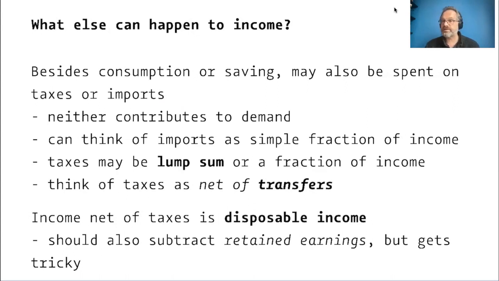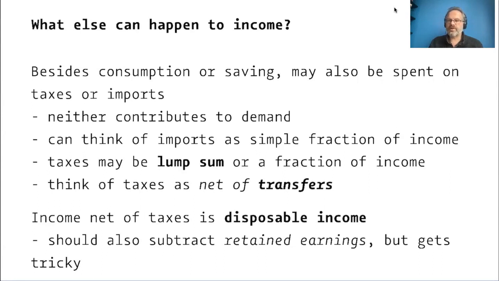It can go to taxes, in which case it's not received by the household, so it's not part of household savings. Or it can go to imports. Import spending is a reduction from savings, but it doesn't create income or demand elsewhere in this economy.